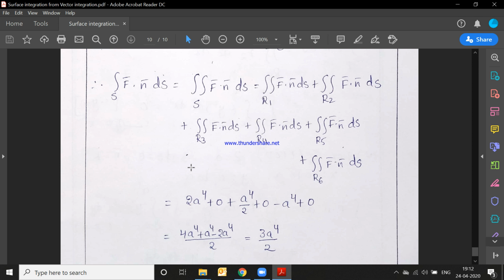X is equal to 0, then dx is 0, x is equal to a, dx is 0. So that's why two terms are zeros, and just simply we can take one term from f bar dot n bar ds. Simply we can find the surface integration for the cube.